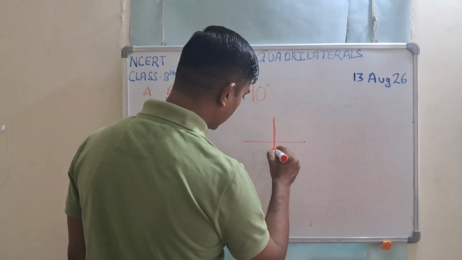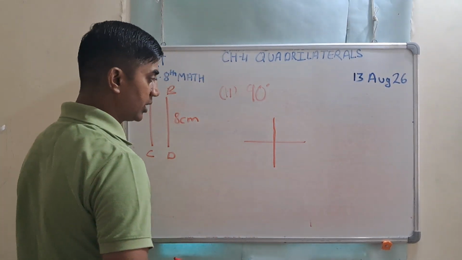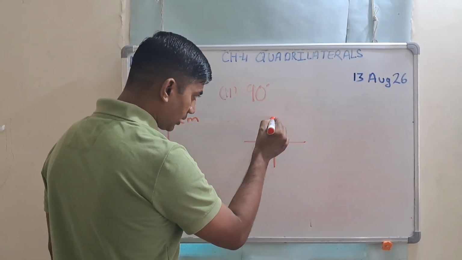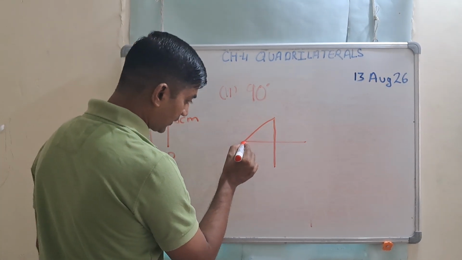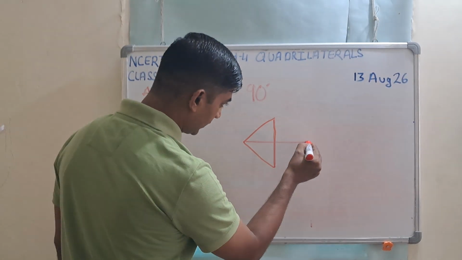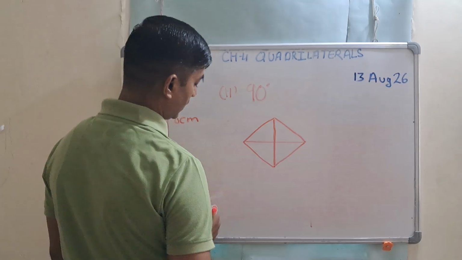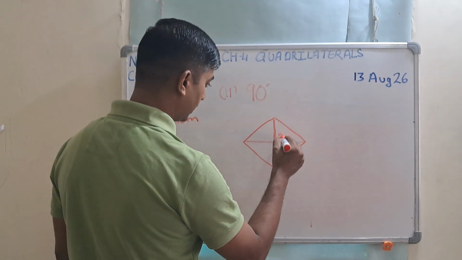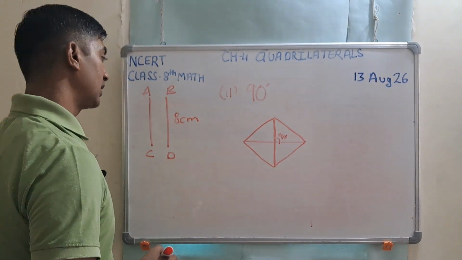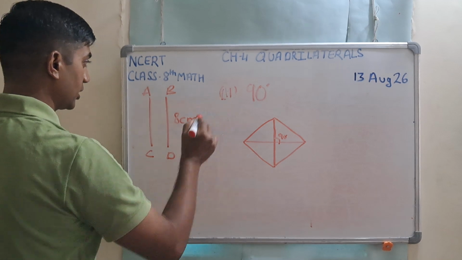Understood? And the same process you have to do by using your scale. Just join these points, you will get your desired diagram. Understood? And this angle should be 90 degree. This is your third question.